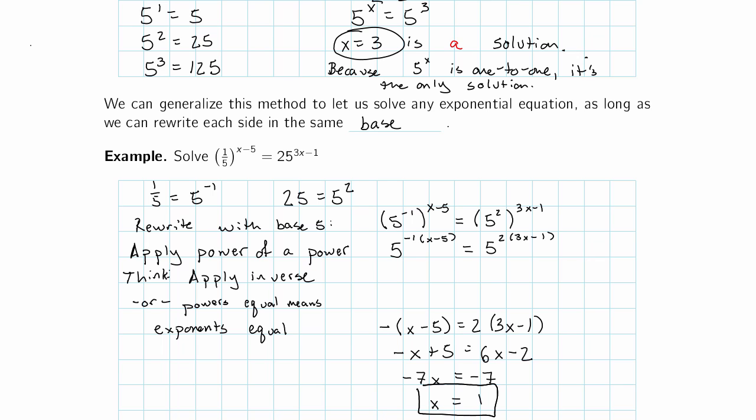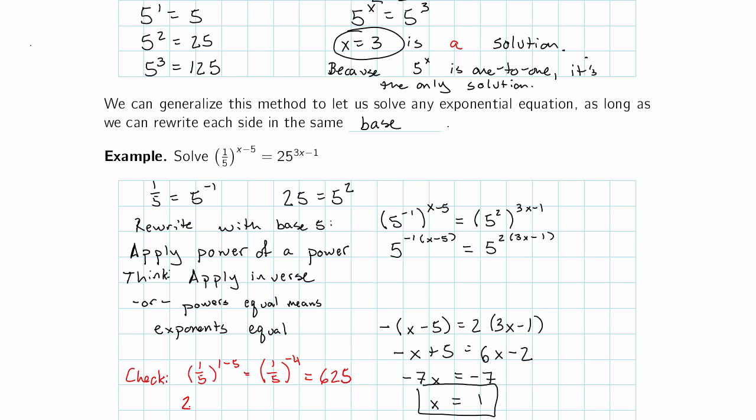And I can check that. If I take 1/5 to the 1 minus 5, that's 1/5 to the negative 4. I could do that on my calculator, or I could say that's 5 to the 4th. Either way, that's 625.